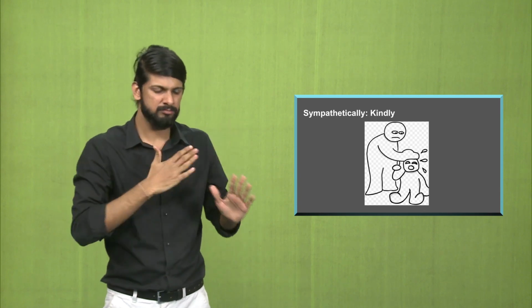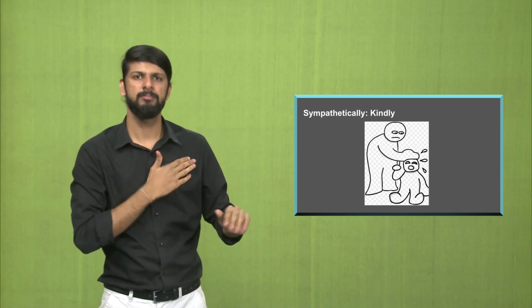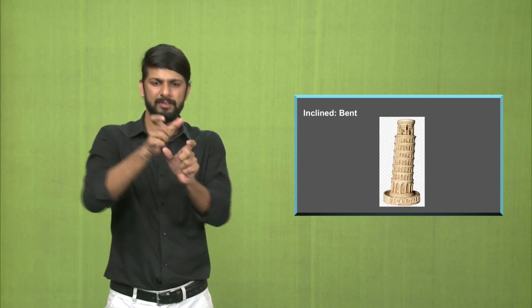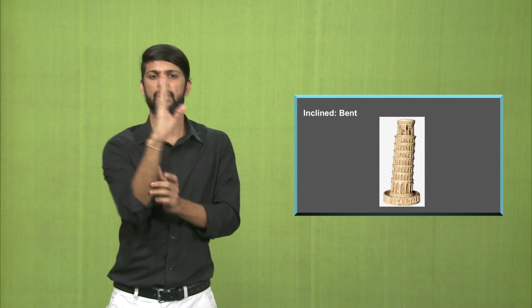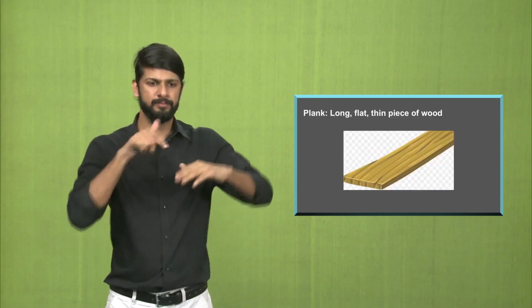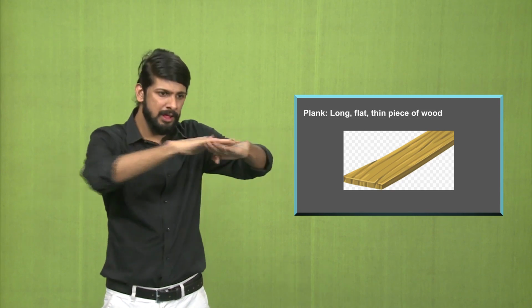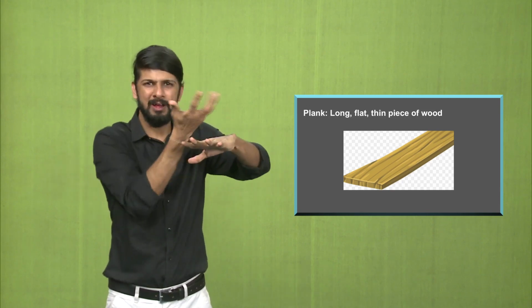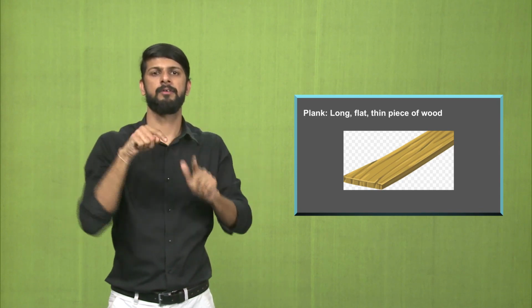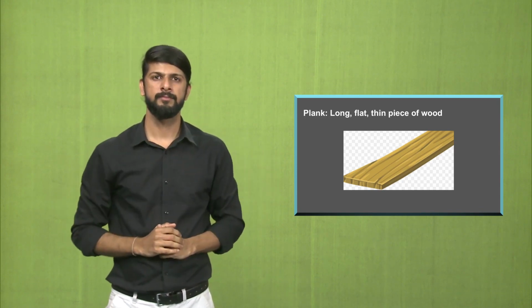Sympathetically is to feel sympathy or feel a kind of kindness for the other person. Inclined is bent. Plank is a long, flat, thin piece of wood. You saw in the painting, the plate of fruits was placed on a plank.